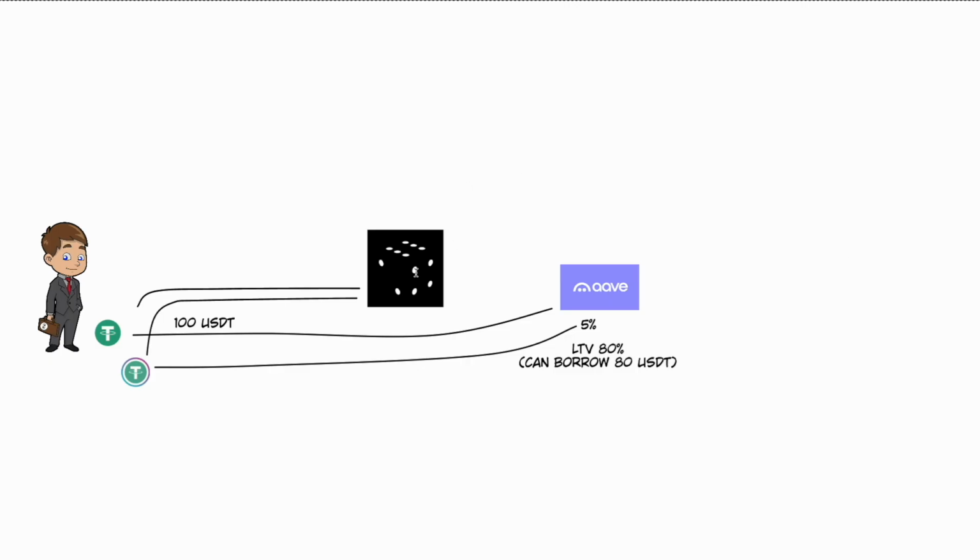Then he goes to 2-4 Club and says, hey, I want to earn some extra APY on my USDC or my USDT. He can deposit his USDT directly into the 2-4 Club, or he can deposit his AUSDT, which is his share token for his deposit. If he deposits his USDT, then they will just mint the AUSDT for him.